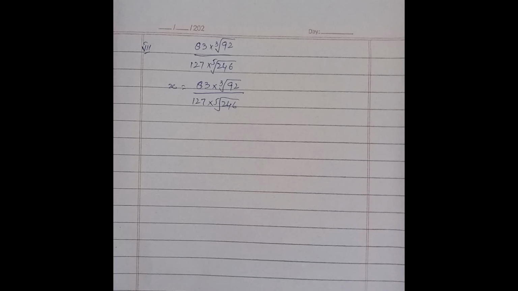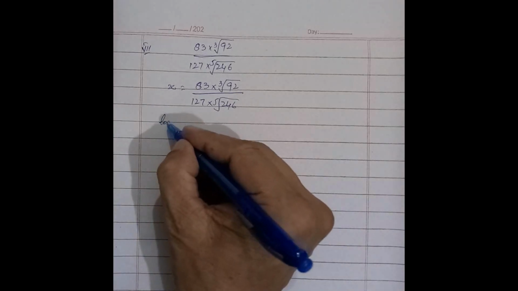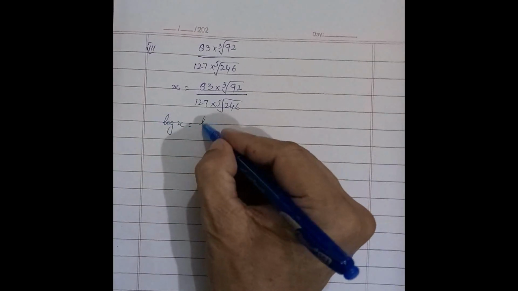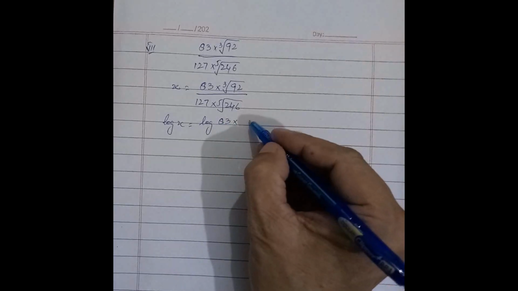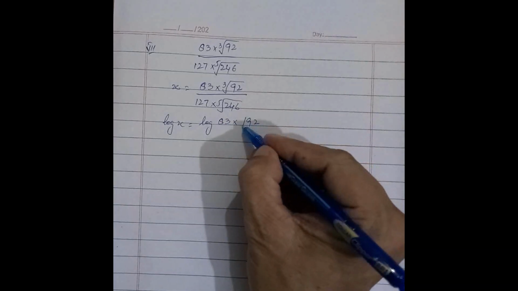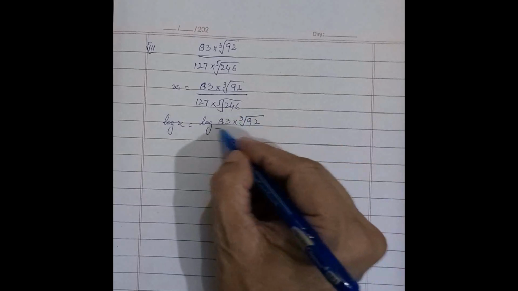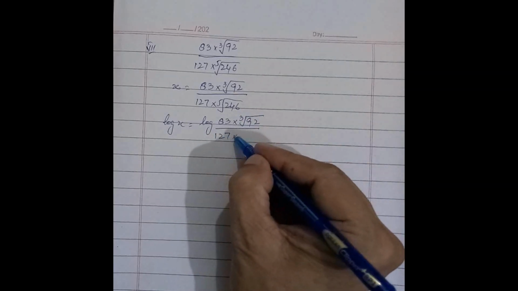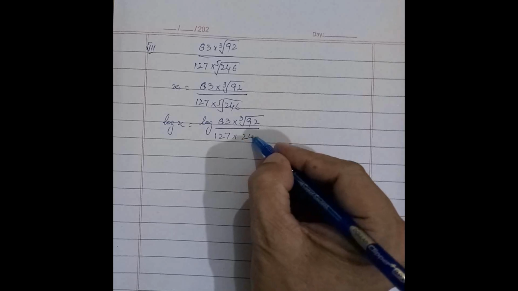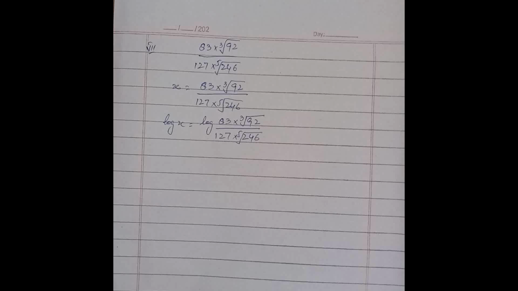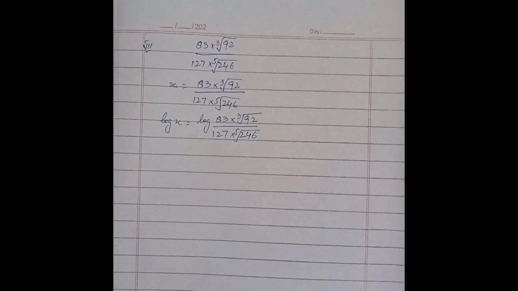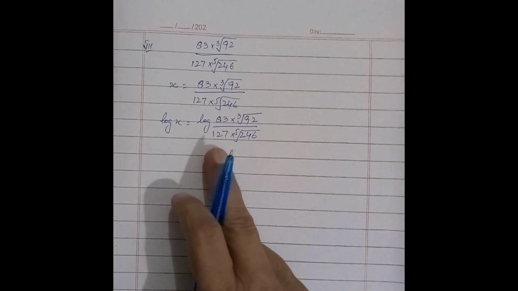And then we apply the log on both sides. We get log x is equal to log 83 multiplied by 92 cube root over 127 multiplied by 246 fifth root. After this, we apply the law of logarithm on these values.